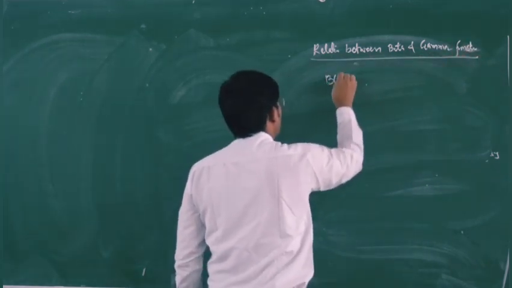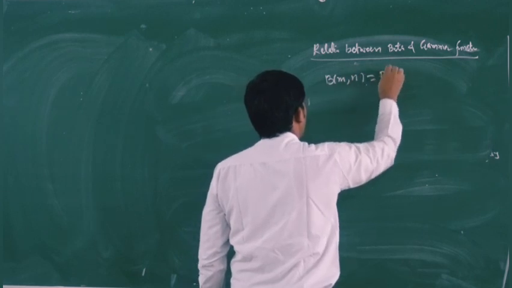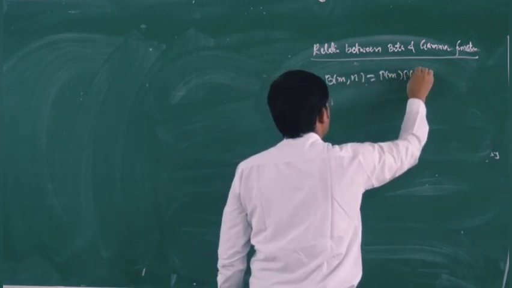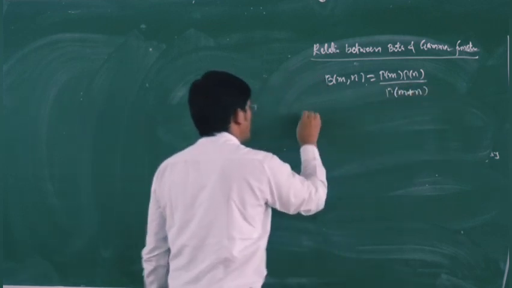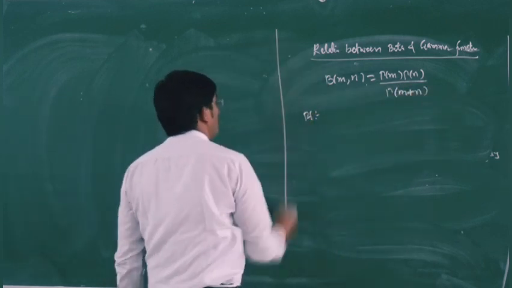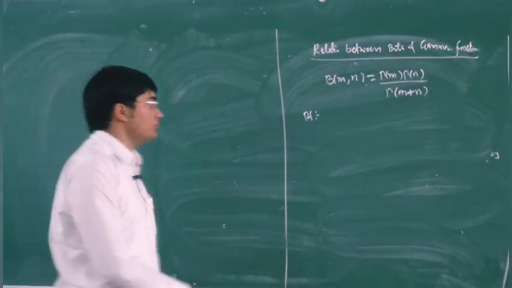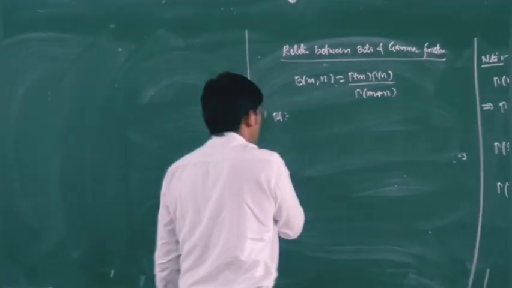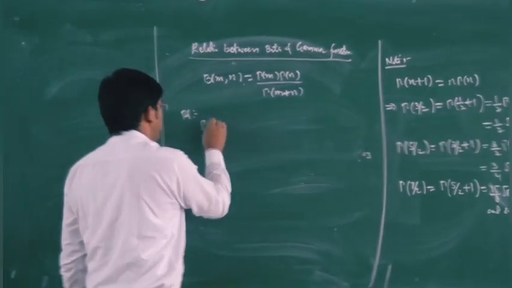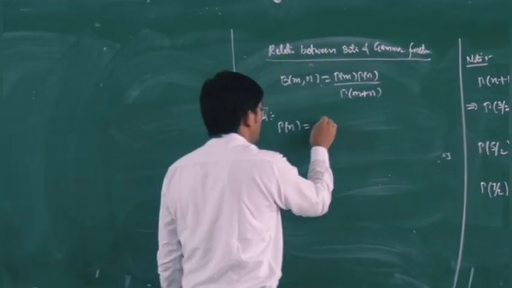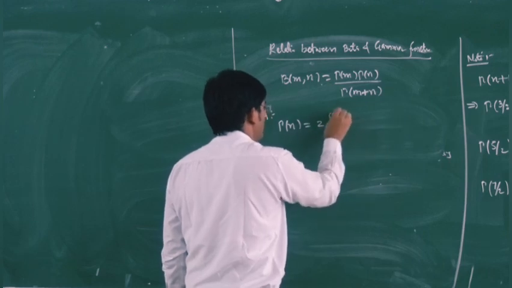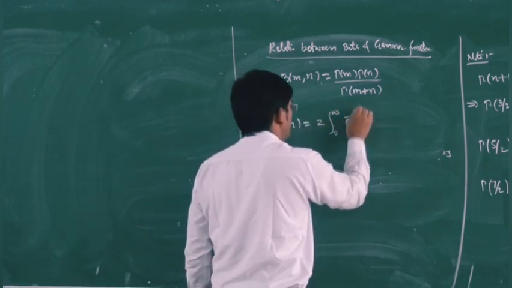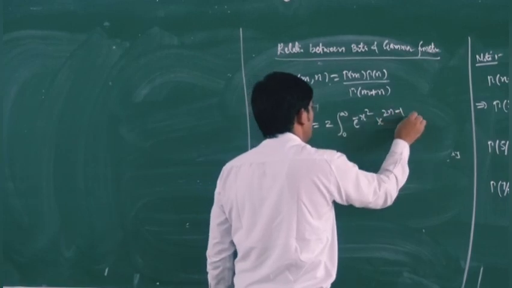We have beta m n equal to gamma m into gamma n upon gamma m plus n. So the proof. In my previous slide I have given that gamma n is equal to 2 times, we can also prove it again. So it was e power minus x square into x power 2n minus 1 into dx.